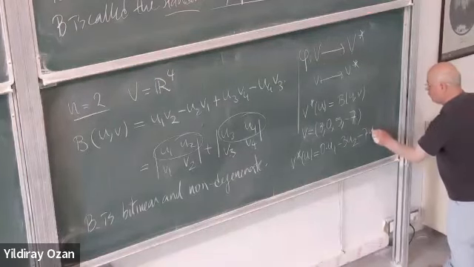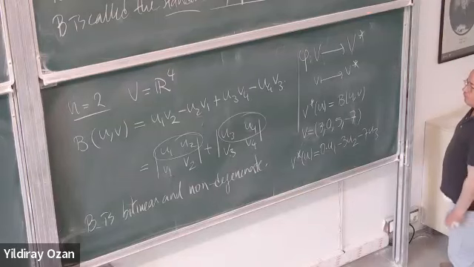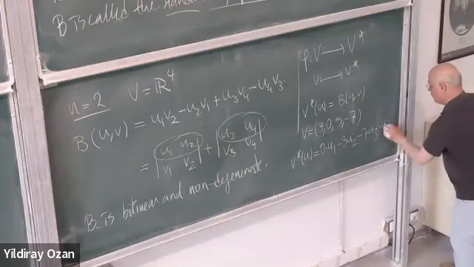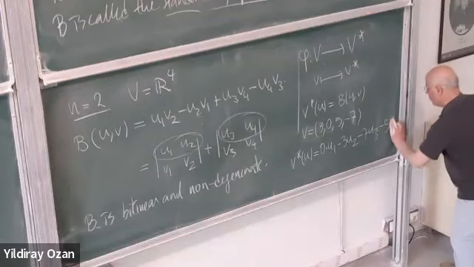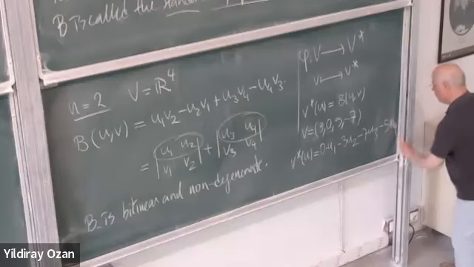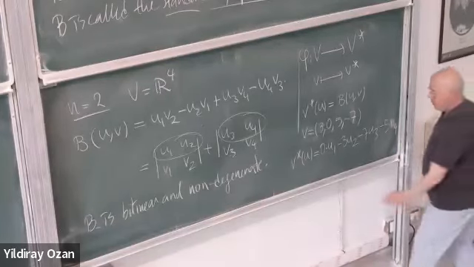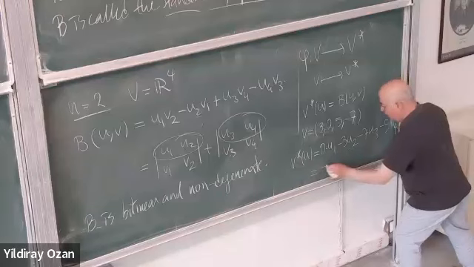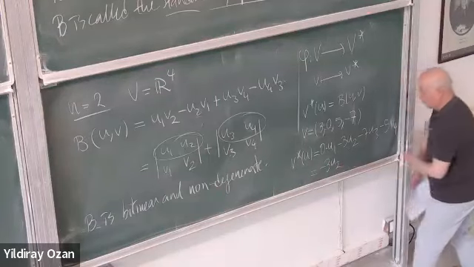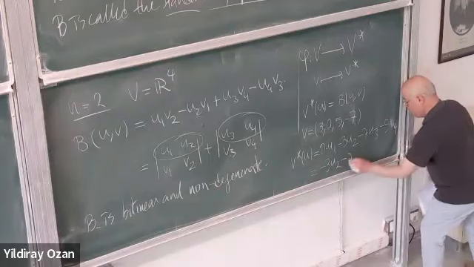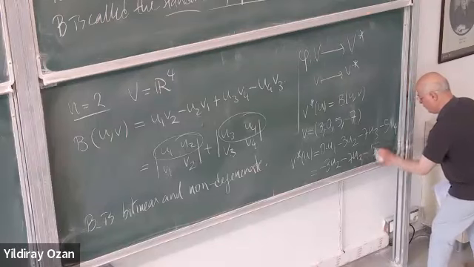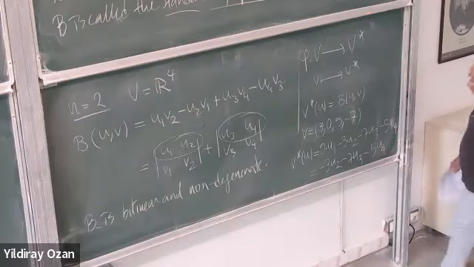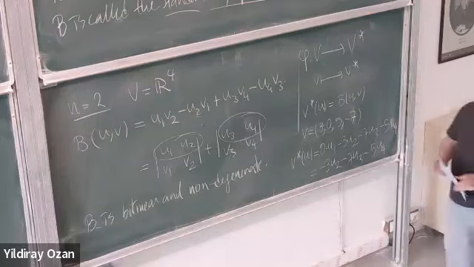Eksi 2 tane U3. Eksi 5 tane de U4. Tamam mı?